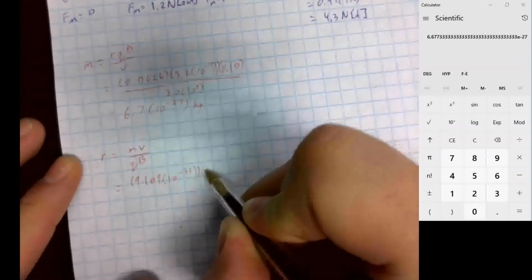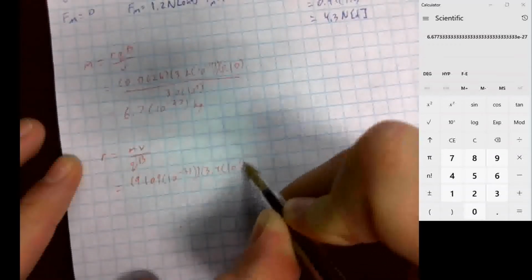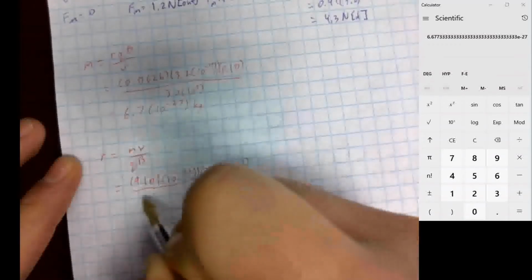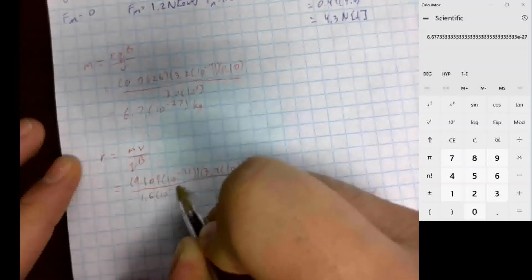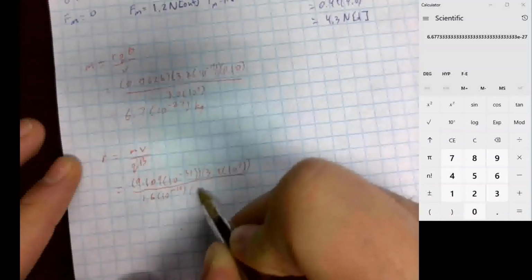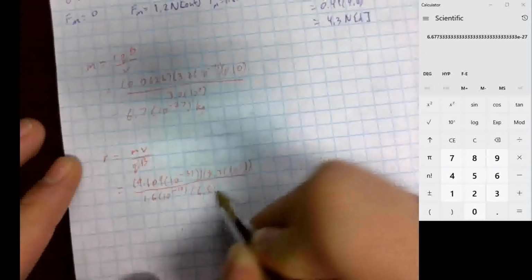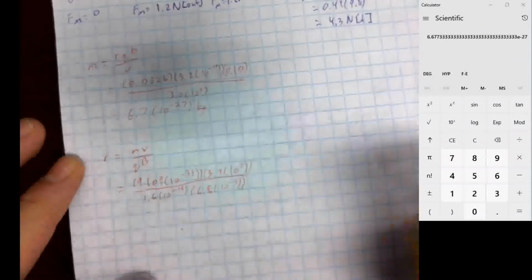My v is 3.4 times 10 to the 5. My q is 1.6 times 10 to the negative 19. And my b is 6.8 times 10 to the negative 5.